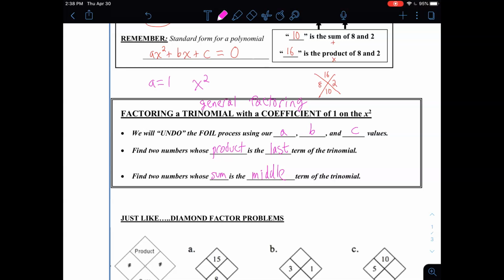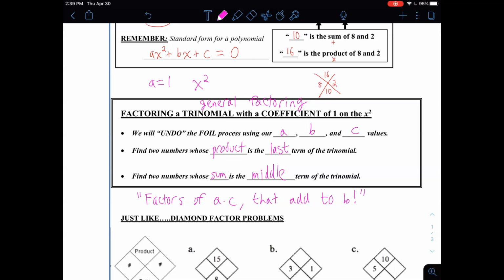Another way to write this is, in quotation marks, factors of A times C that add to B.